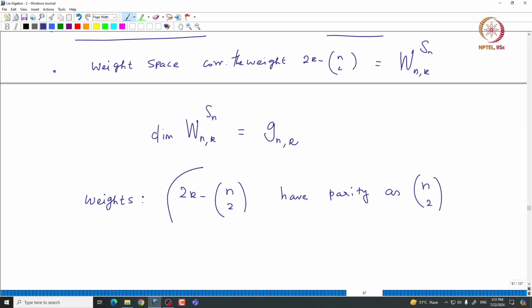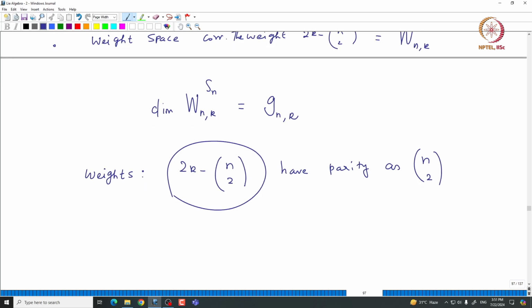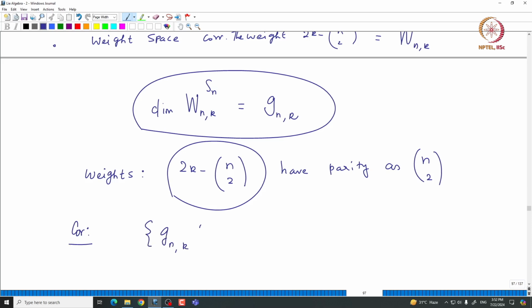But here, since all the weights are either even or odd, that implies immediately that these numbers must be symmetric about 0 and unimodal. So, one can immediately see, as a corollary of our previous results, that G(n,k) is unimodal and symmetric about 0, or the origin.